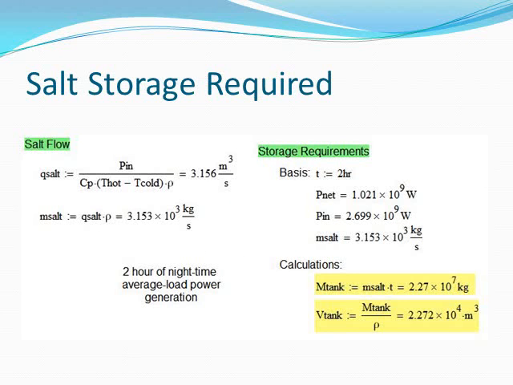We then calculated the required flow rate of salt to provide enough heat to the Rankine cycle. We found that the flow rate of salt would be about 3,000 kilograms per second, or 3 meters cubed per second.